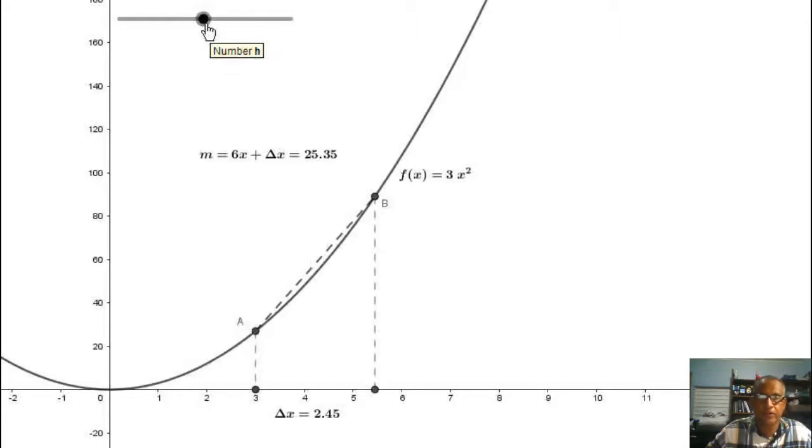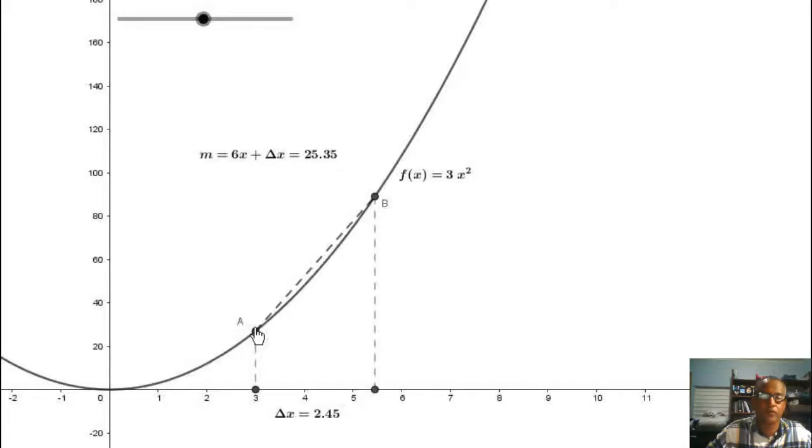So what I have here is a little slider, and it's controlling the value of delta x. So notice this function is f of x equal 3x squared. I have 2 points here, and I want to see what the gradient of this secant line is going to be for various values of the coordinates of this point here.